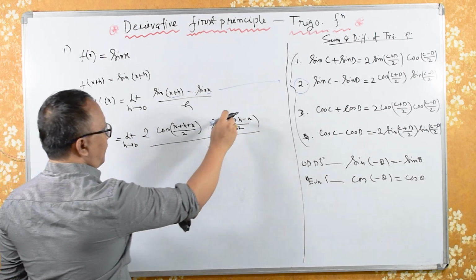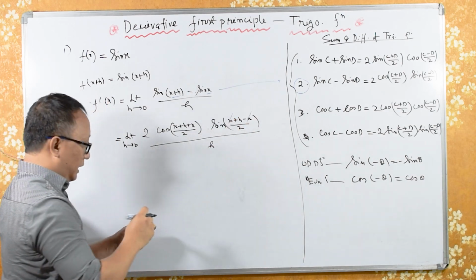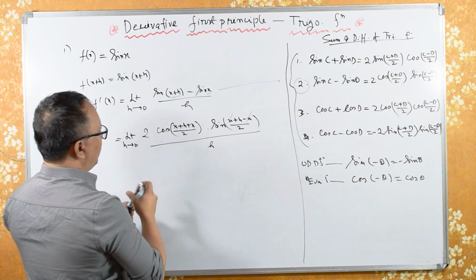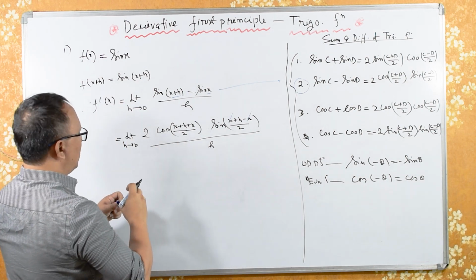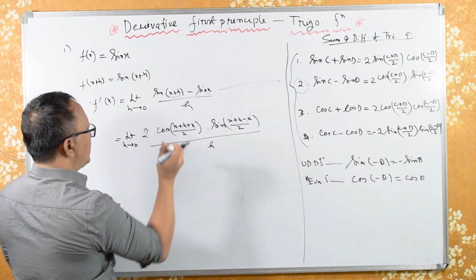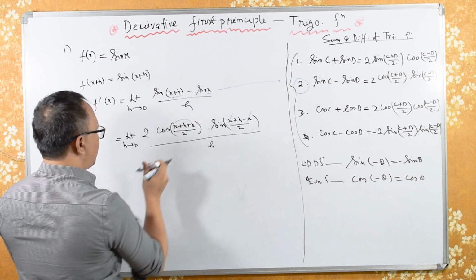Here minus x and plus x get cancelled, and x plus x is twice x.